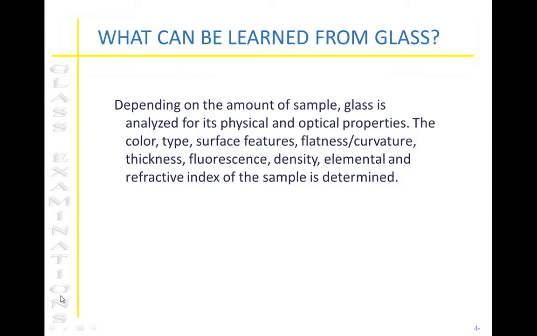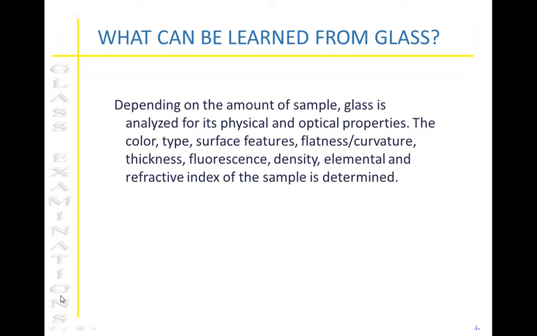We can also learn several other things from glass itself depending on the size of the glass sample. If you're initially working with large pieces of glass, it might be that you can determine the direction of force or the impact order, or in some instances a physical match.